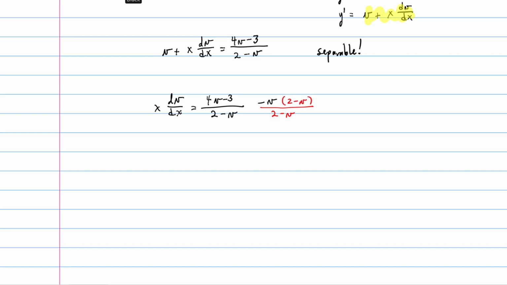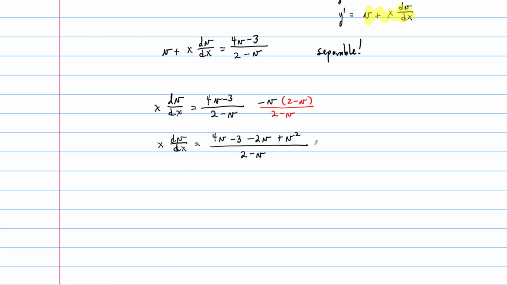Then we're going to have x times dv/dx. I'm just going to add this up first, and then we'll combine. So on the numerator, 4v minus 3, then minus 2v plus v squared, all over 2 minus v. And then to separate this, we need to make sure the differentials are on top.